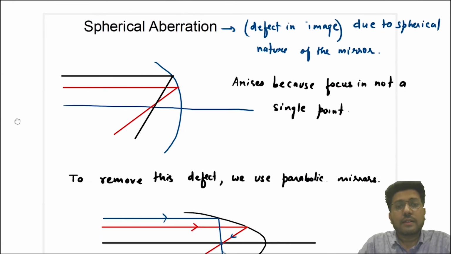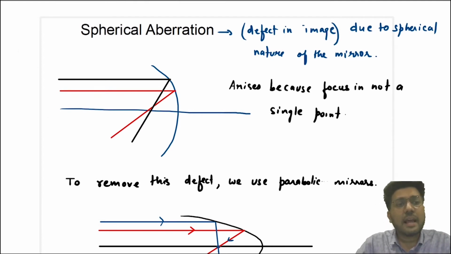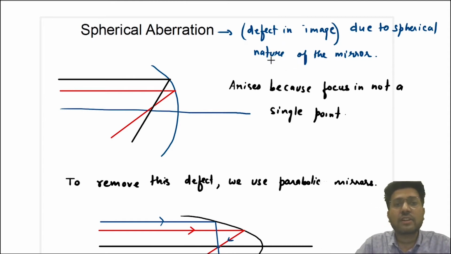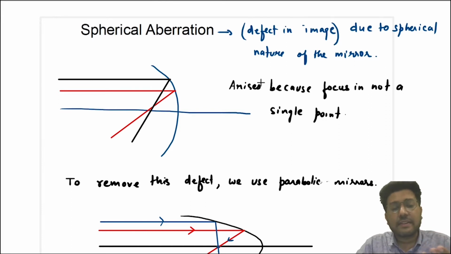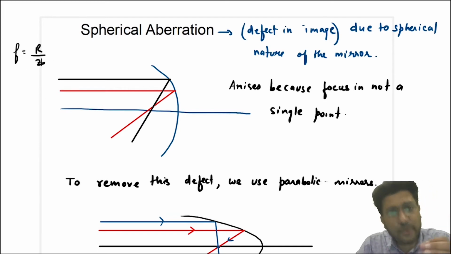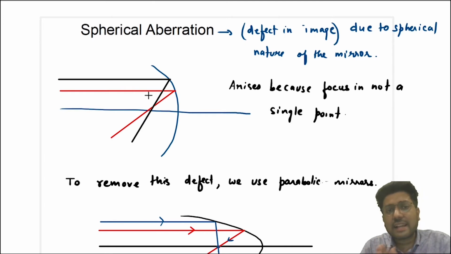There is a term called spherical aberration. What is spherical aberration? Spherical aberration is the defect in image due to the spherical nature of the mirror. What does this mean? You know that focus for paraxial rays is r by 2, but obviously theta is not exactly 0 even for paraxial rays. If theta is not exactly 0, then focus is not exactly constant.